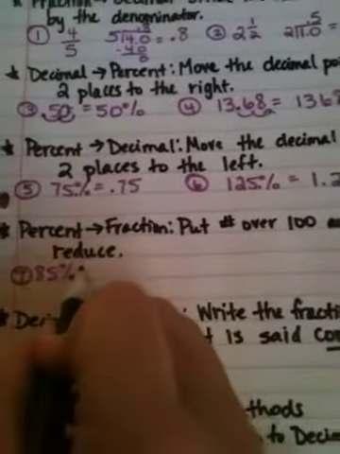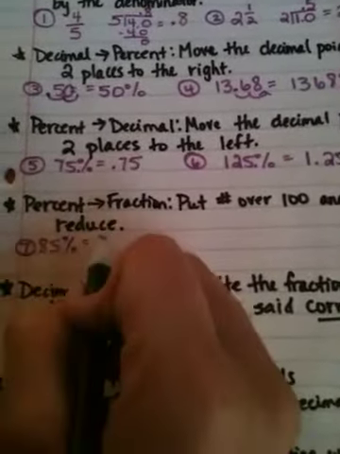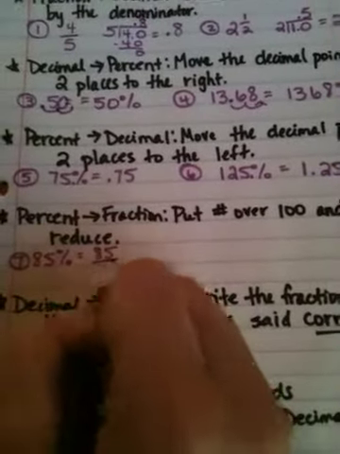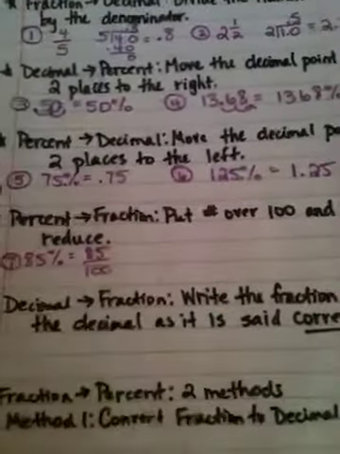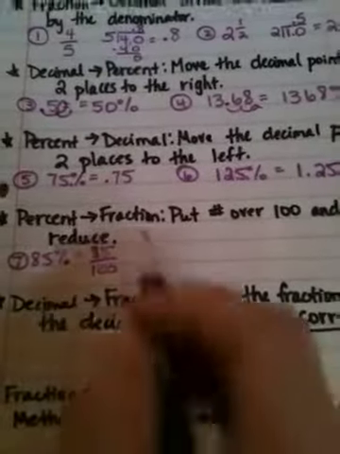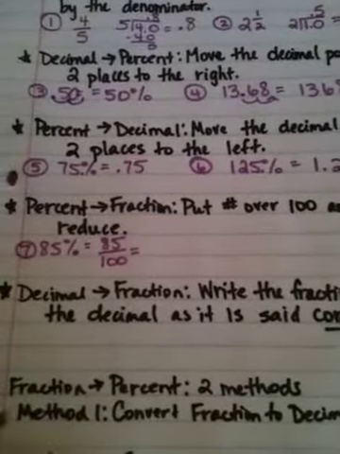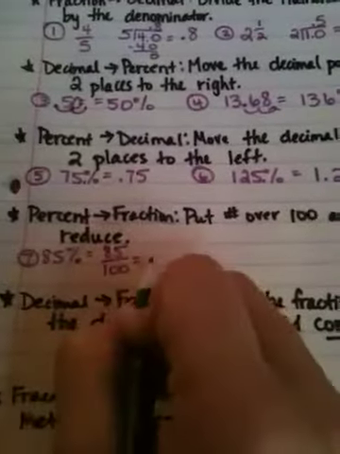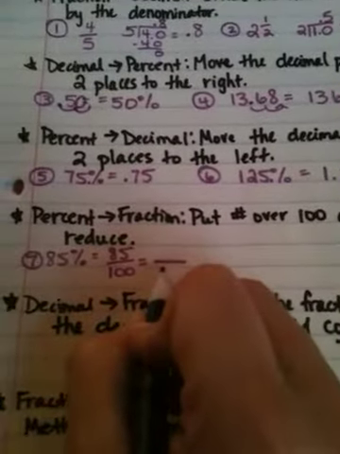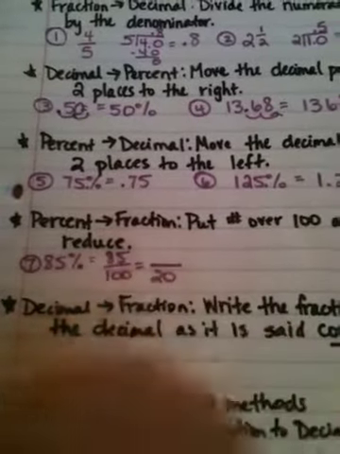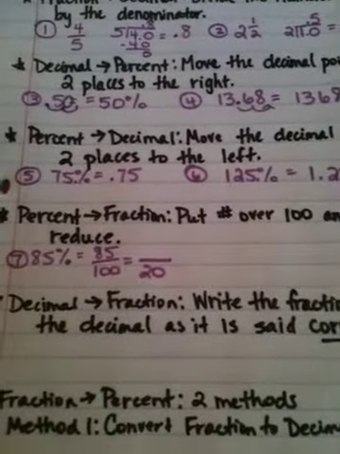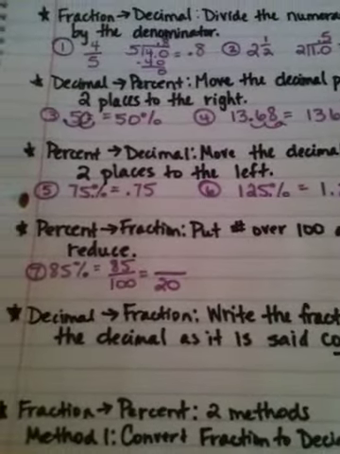And we obviously don't need the percent sign anymore since we have converted that into a fraction. So I have 85 over 100, and then that will reduce. We can divide both of those by 5. And 100 divided by 5 is 20. And then 85 divided by 5.